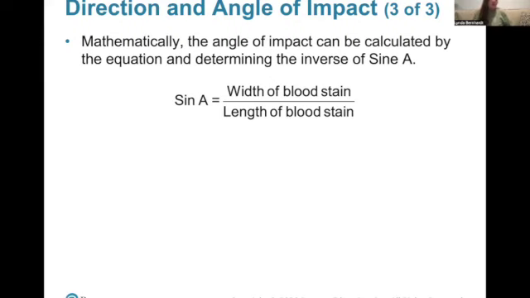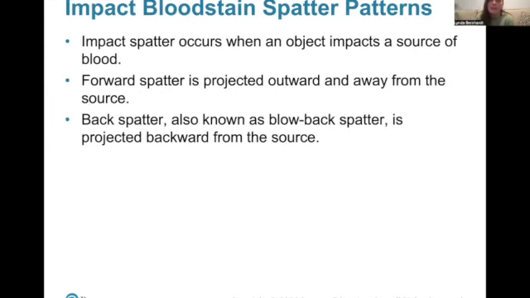If you learned trig at all, where it says sine A, if you remember SOHCAHTOA, sine would be opposite over hypotenuse. But for this, it's telling you the width of the bloodstain divided by the length of the bloodstain. So basically, you're just doing this triangle in order to figure it out. No, you're not going to have to do that on any of the tests for me.